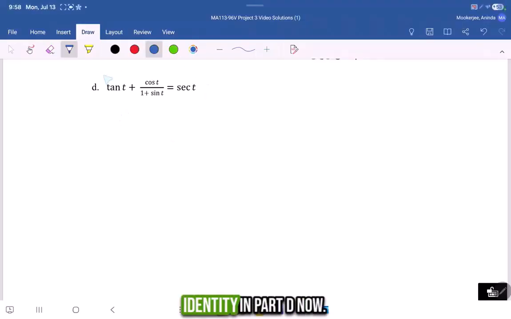Let's take on the identity in part D now. The expression is tan t plus cos t divided by 1 plus sine t equals secant t. I'm going to begin by tackling the left-hand side of the identity. I'm going to try to simplify this by combining the terms.